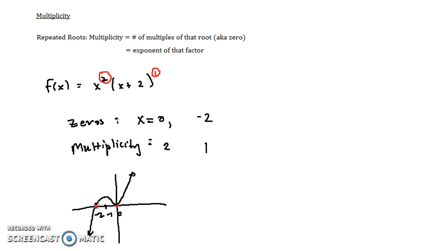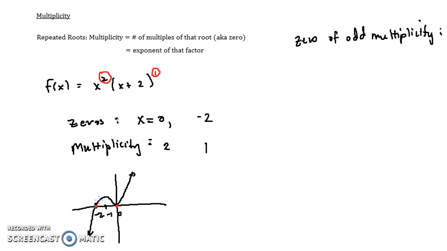And what happens is when you zoom in really far, if you have a zero of odd multiplicity, it's going to look like its power function.